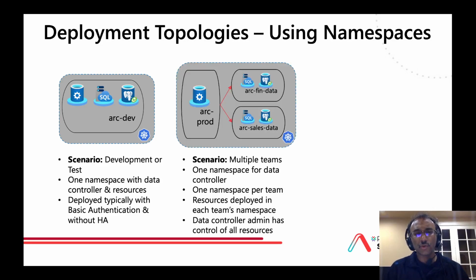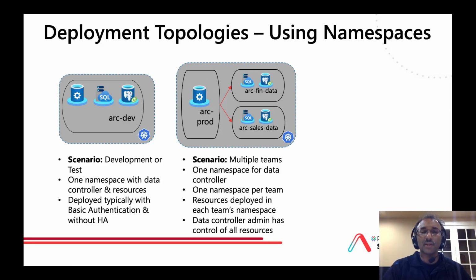So the other scenario is, say you have multiple teams sharing the same Kubernetes cluster, and maybe there is one central admin persona. In this case, you can create a namespace where you deploy the controller, and essentially your control plane is sitting in that namespace.